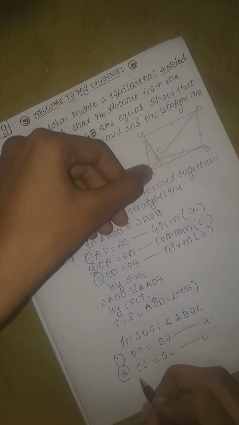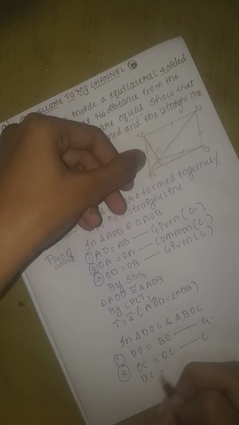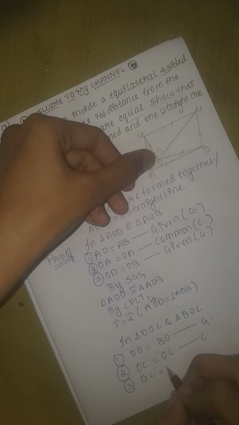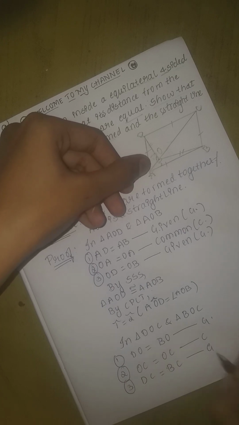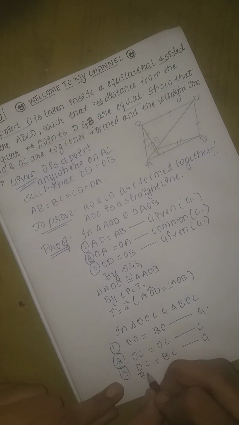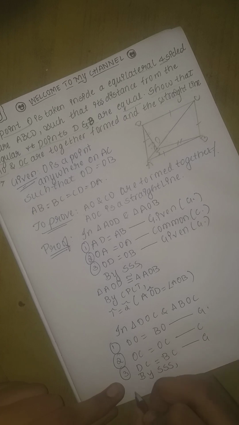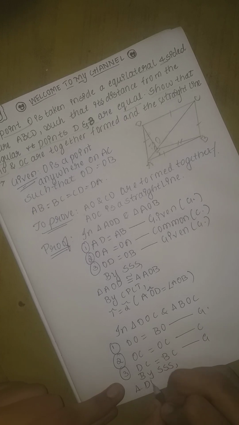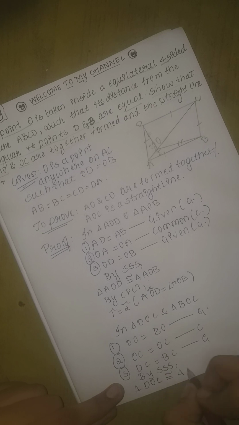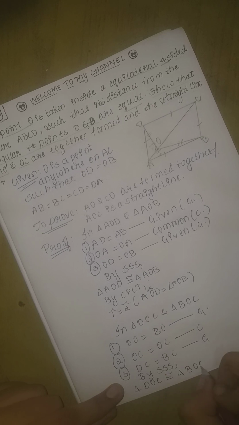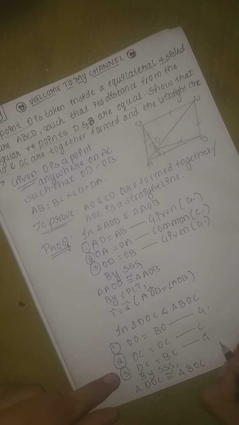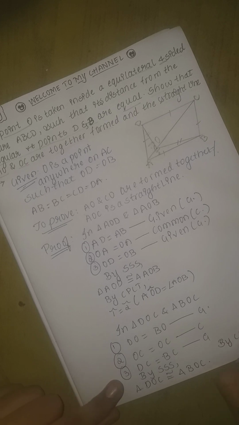And second condition, we will write OC equals OC, which is common. And third condition, DC equals BC, which is given. By again SSS criterion, triangle DOC is congruent to triangle BOC. I'll write CPCT here only.